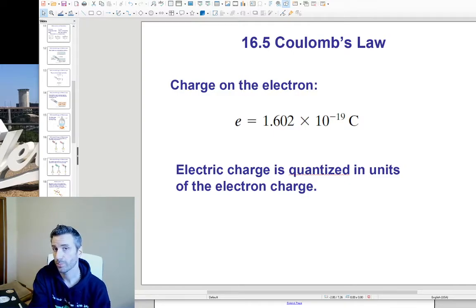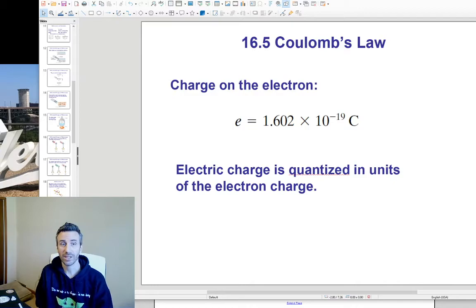That also goes for protons. Protons have the exact same amount of charge. This actually trips people up way more than it ever should. Listen to me on this. If a question were to ask you, what is the force between two protons that are a certain distance apart? And you're like, well, I don't know what the charge of a proton is. It doesn't say it on this equation sheet.